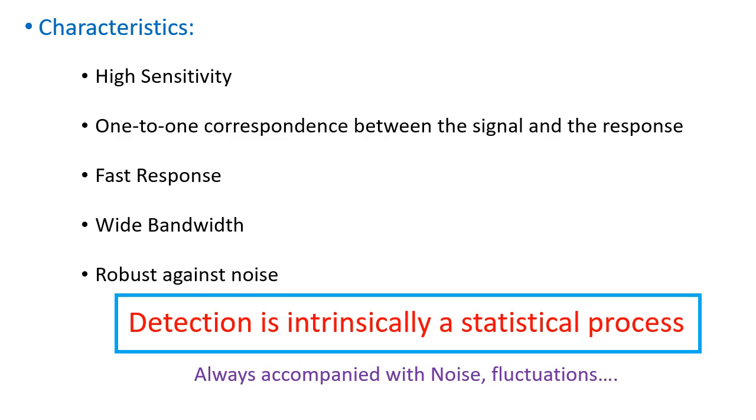That would mean that if there is a change in the signal, the detector responds instantaneously to that change. So this is a kind of characteristic that is extremely desirable in a detector. Similarly, one would require the detector to have a response which has wide bandwidth.